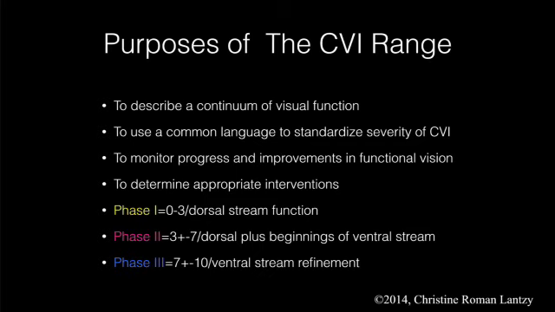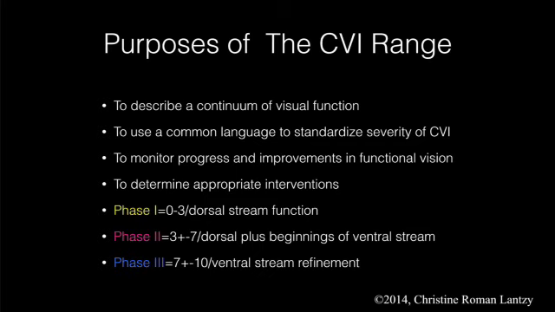To monitor progress and improvements in functional vision, because I fear that we often become very comfortable with one CVI range score, but don't necessarily think about the importance of how that score should be continuously changing.